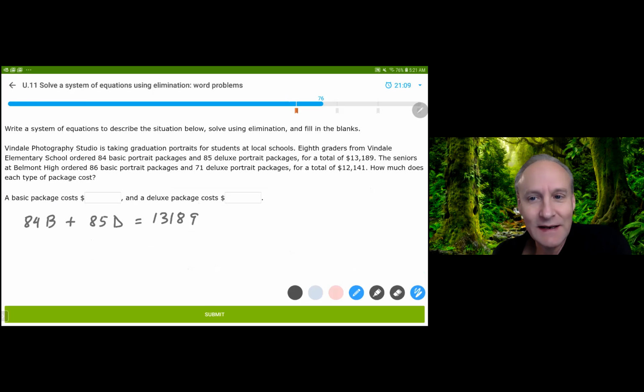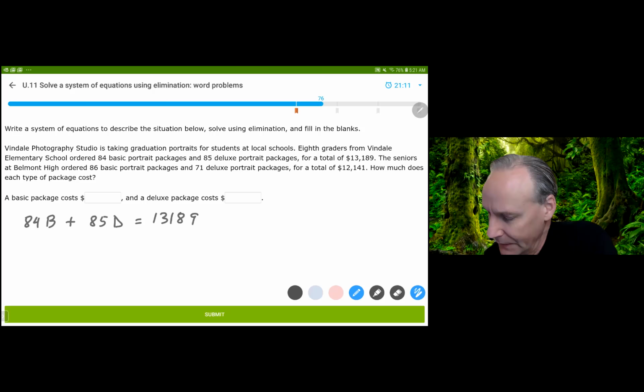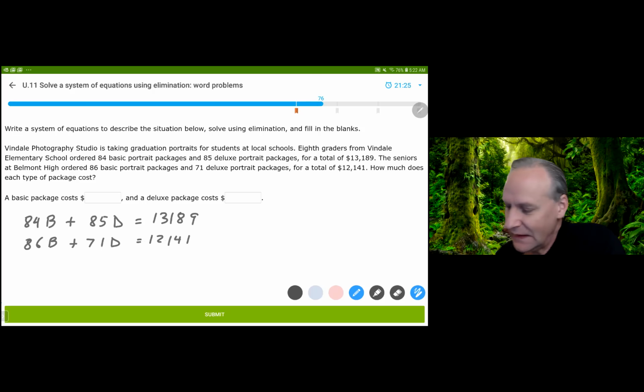Man, oh man, I think I want to be a school photographer. So we have 86B plus the 71D gives us 12,141. It's the same deal, just bigger numbers, and you definitely have to use a calculator on this one.